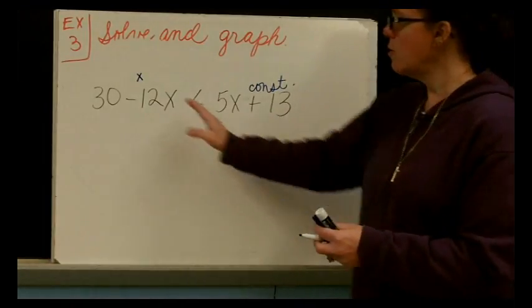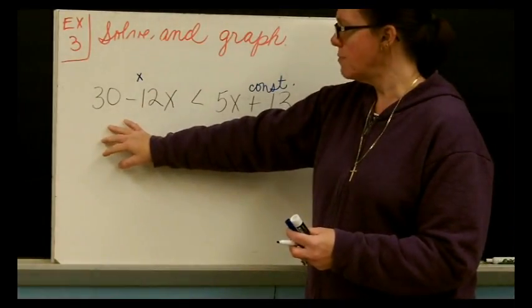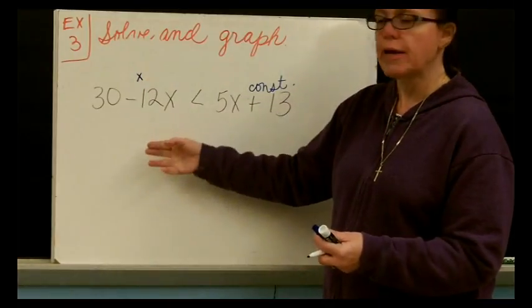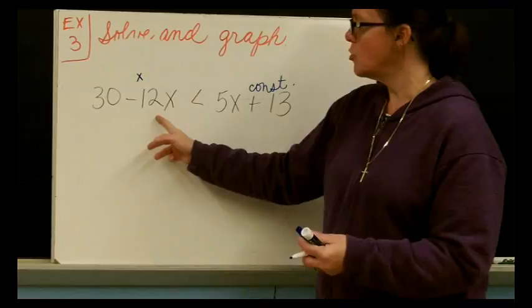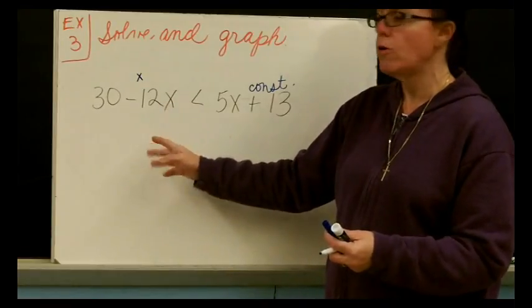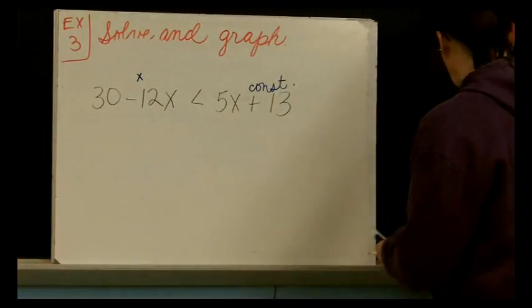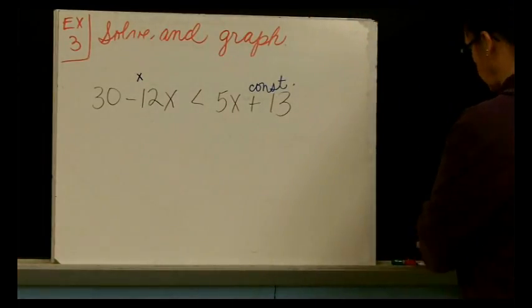So now what I do is I will go over here to the left. I'll recognize that this is my x side, and so I'll ask myself, which of these two terms does not belong here on my variable side? And then the answer to that is my constant. The 30 doesn't belong there.